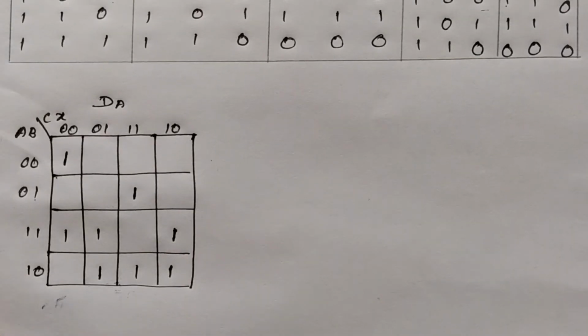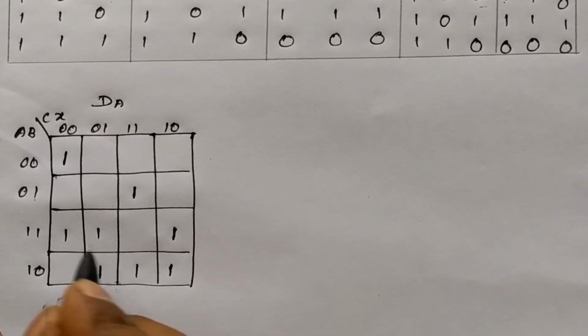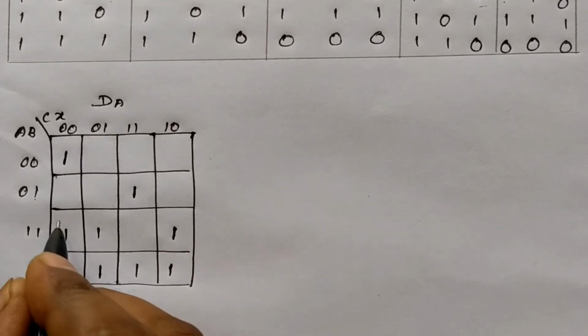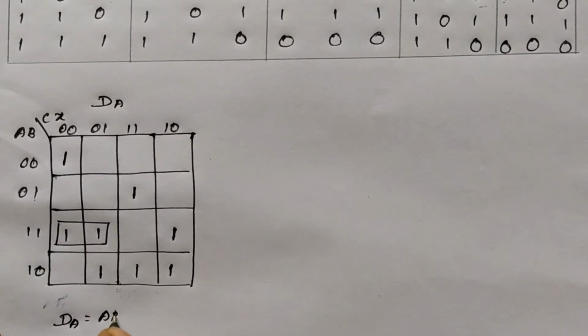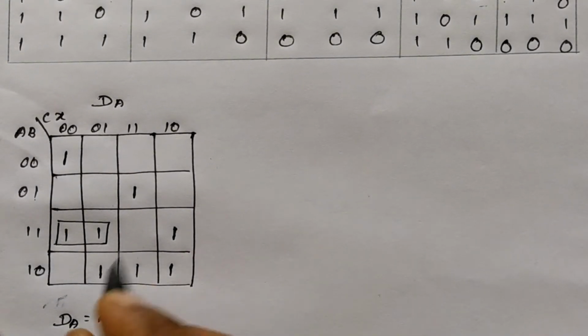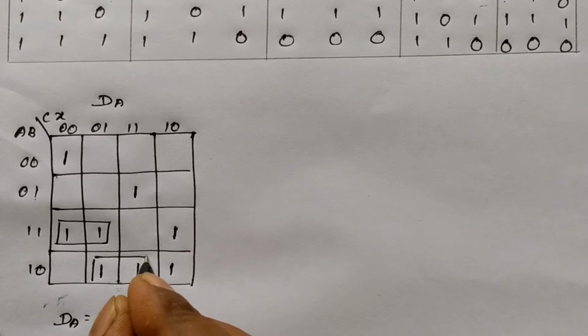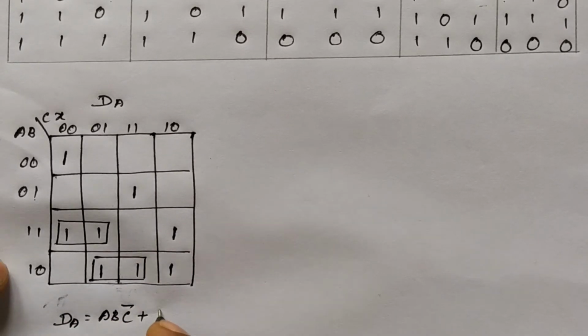So to find dA, here we can make it as a pair. Here the left side its value is A, B. Between these two, C is common and its value is 0. Therefore, C bar plus, here we can go for a pair, and here the value on the left side is 1 0.